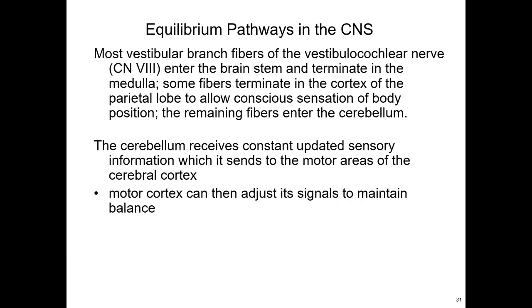So in addition to proprioceptors in skeletal muscles and in tendon organs, the cerebellum receives a lot of sensory information of how the body is moving and positioned. Of course, a part of the nerve impulses will go to the cerebrum, and for the conscious awareness of changes in head position or spinning or accelerating, those nerve impulses go to the parietal lobe of the cerebrum.